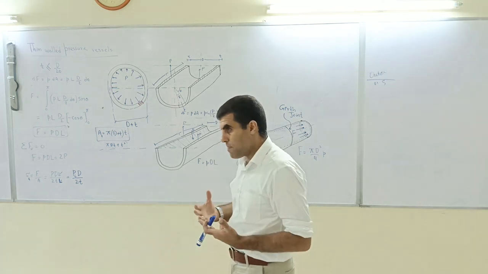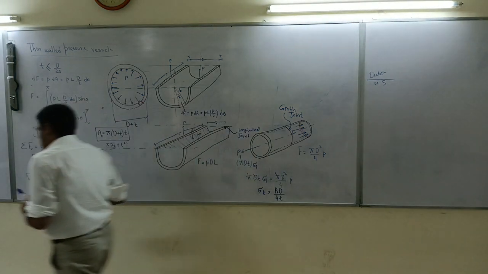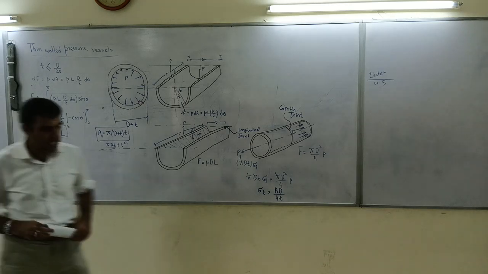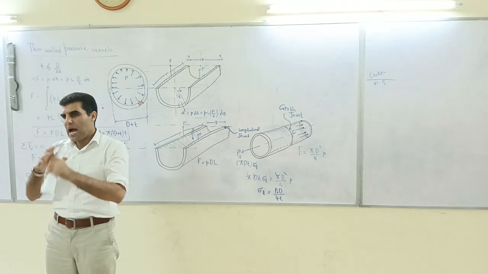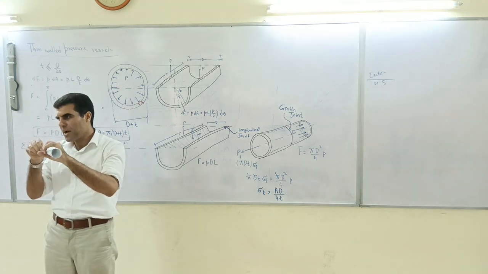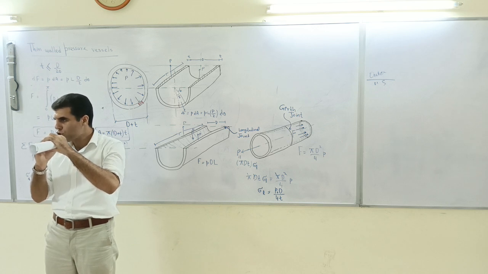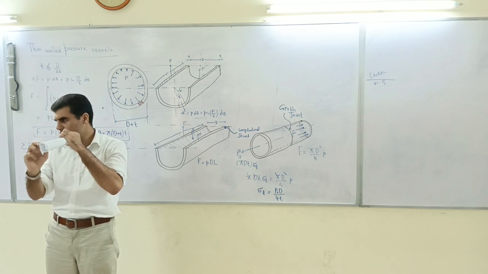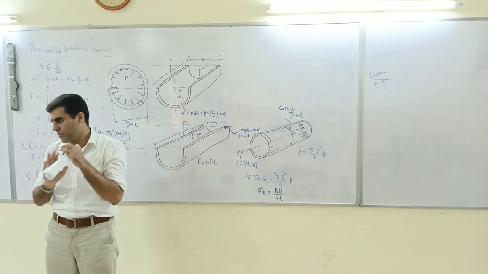At the most, we can have a scenario that someone might ask you how many screws should I put at the longitudinal joint in order to sustain the fluid pressure which is running in the vessel.